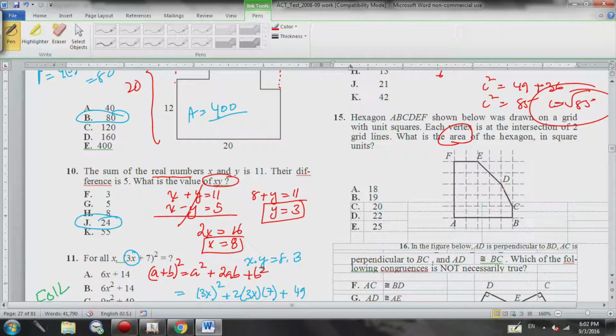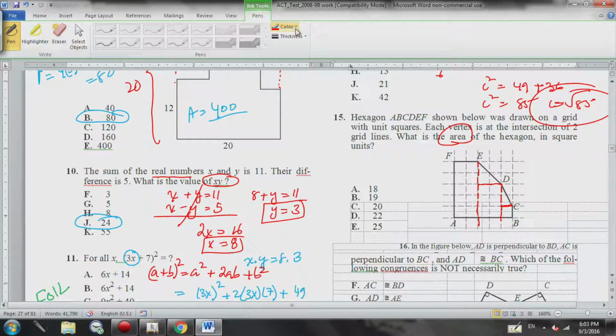Well, this one, there are different ways of doing it. Here, you can just divide it into different parts. You can divide it into this nice rectangle, and then this little triangle over here, and then you have this nice rectangle over here, and then you have to divide again over here.